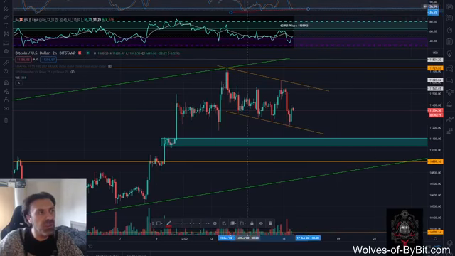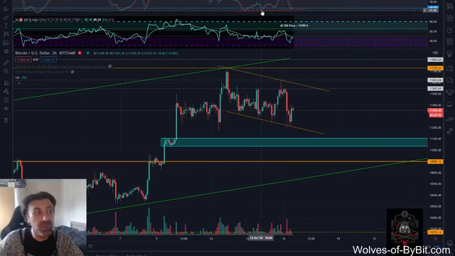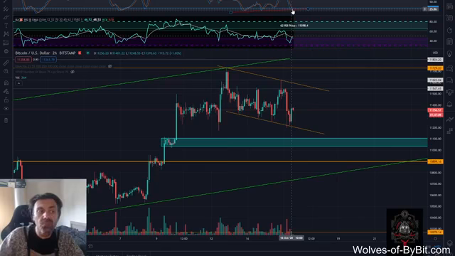As you can see, there has been a retest 2 times already. If we go for the 3rd time, this might actually look kind of valid.